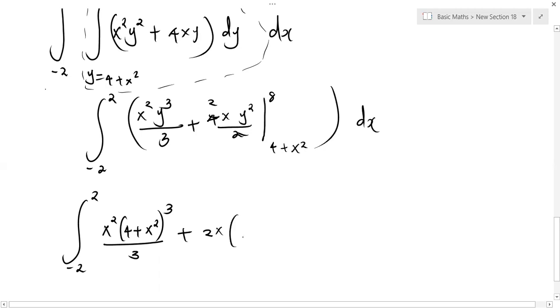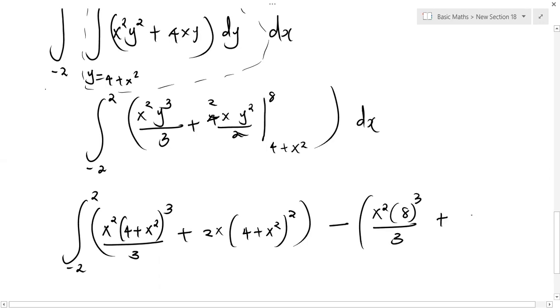So 2x into 4 plus x squared, and then you have this squared, minus, then now we replace the values with 8. So all this minus, replacing with 8, we are going to have x squared, then 8 cubed, all this over 3, plus 2x, 8 squared, dx.